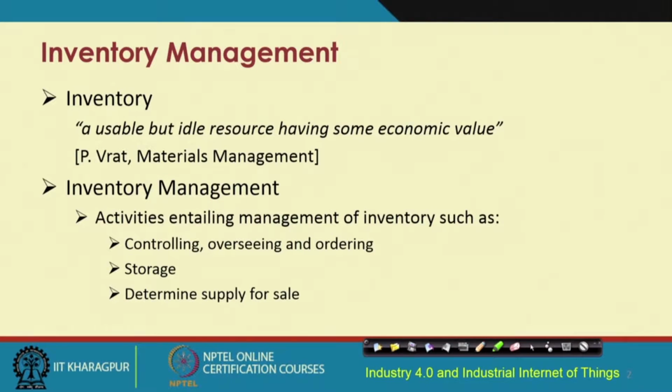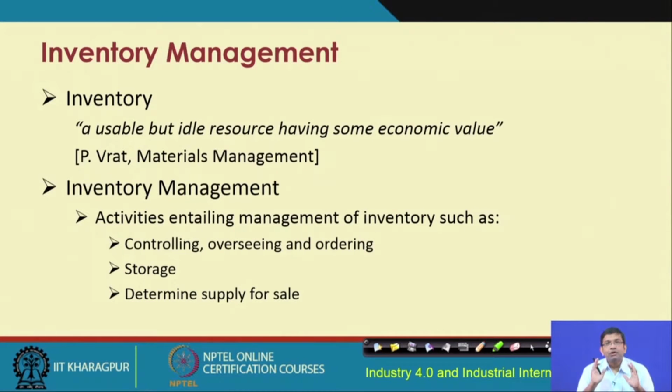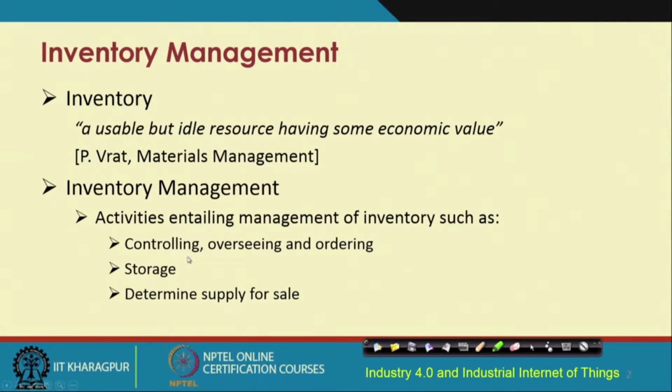So, how are you going to manage this inventory? Inventory management is a huge thing in manufacturing plants. There are separate teams which take care of inventory management and control. Activities that entail the management of inventory include controlling, overseeing, ordering, storage, and then determining the supply for sale.